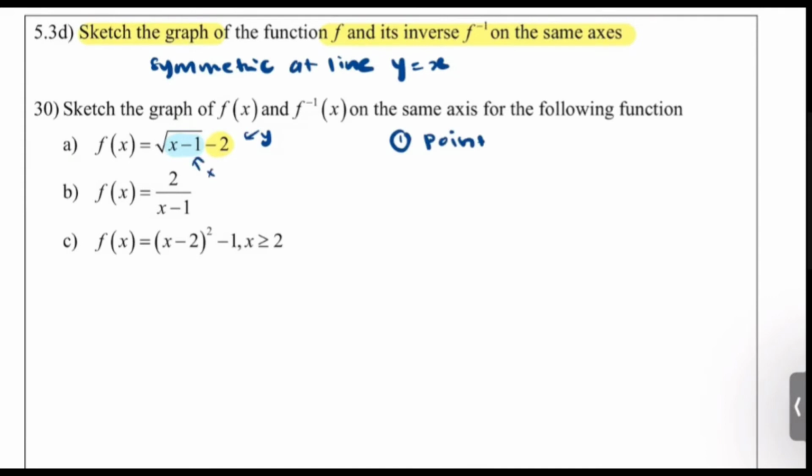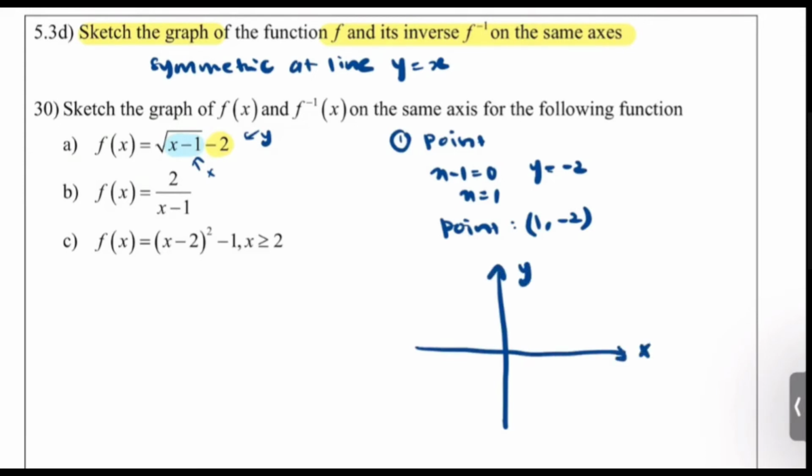So we have x minus 1 equals to 0, so x equals to 1. y is equal to negative 2. So our point would be 1, negative 2.